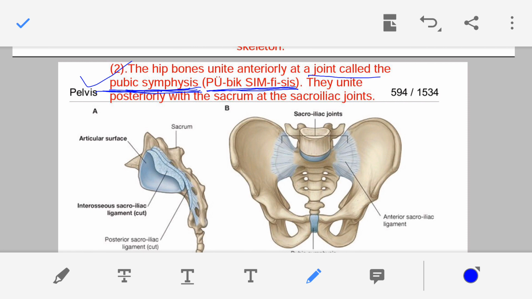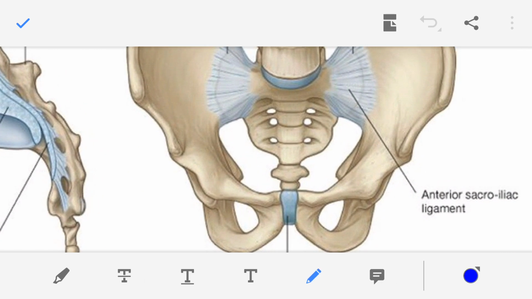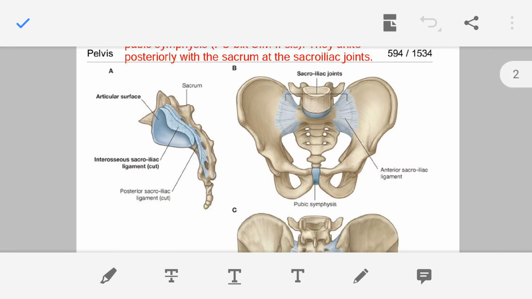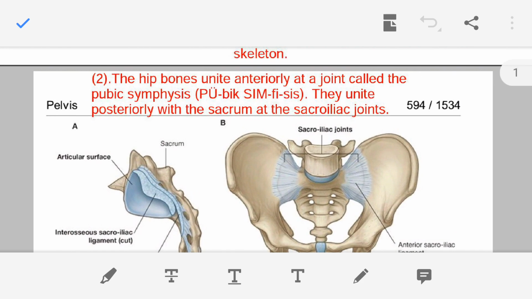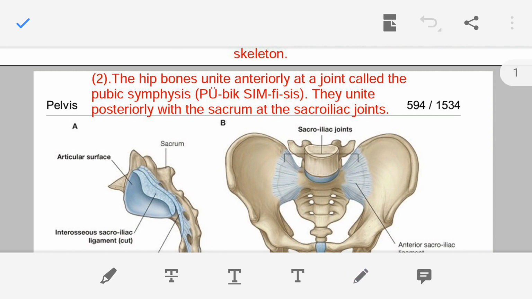And here, as you can see, this hip bone and this hip bone join anteriorly, and where they join, this joint is known as pubic symphysis.